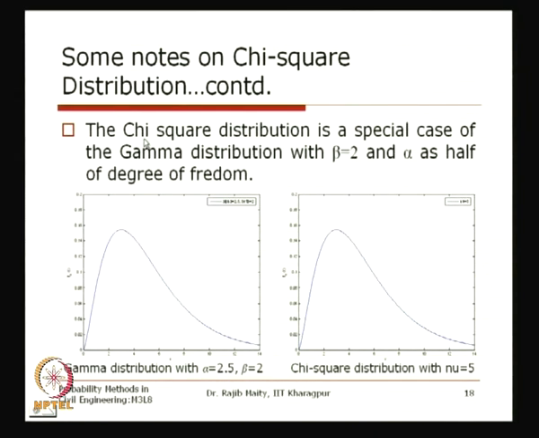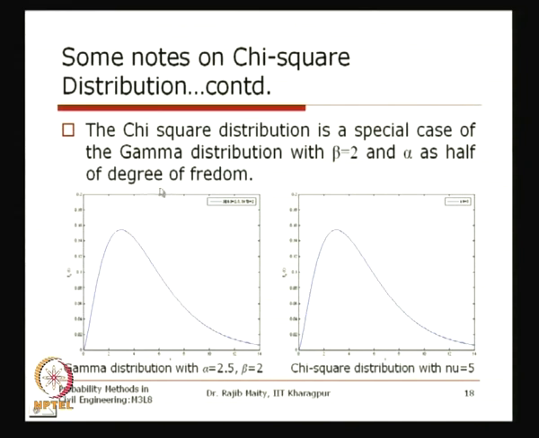Now, this chi-square distribution is a special case of the gamma distribution with beta equals 2 and alpha as half of the degrees of freedom. There are 2 graphs shown. This is the chi-square distribution with nu, the parameter of this chi-square distribution, equal to 5. If we take nu equals 5, then the PDF shape looks like this.